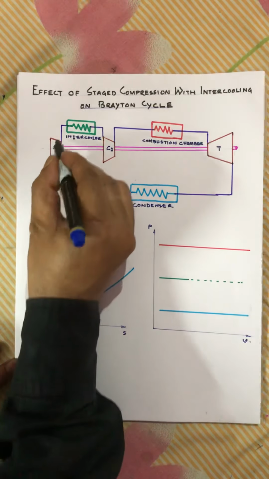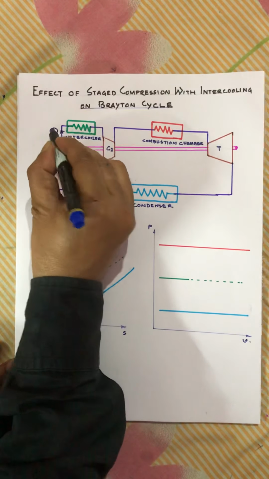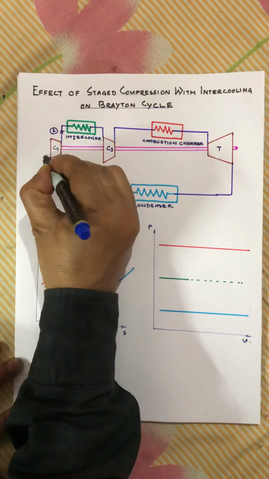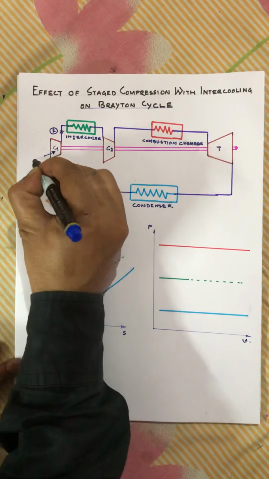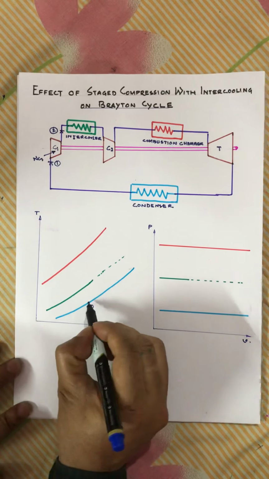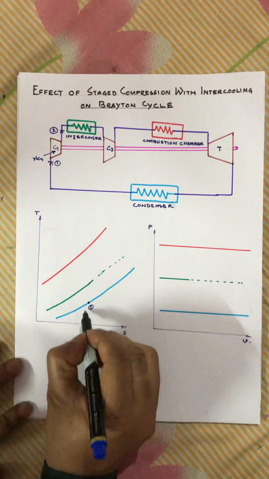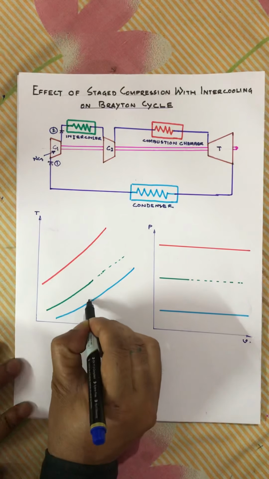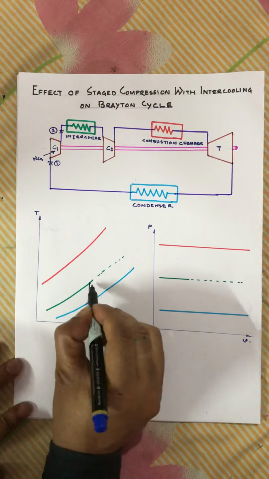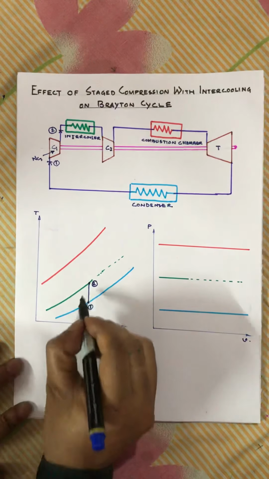Now the 1 to 2 process is a reversible adiabatic compression process where we have to invest some work. That can be shown in the TS diagram. Reversible adiabatic means isentropic, that means 1 to 2 process. This is the 1 to 2 process.